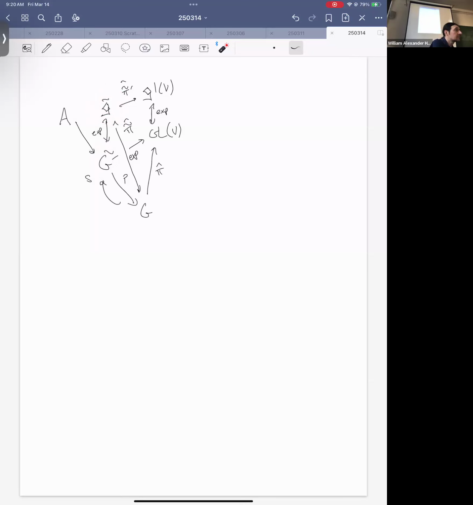So in practice, you could go to the Lie algebra and figure out this pi twiddle hat prime and so forth. But this is what you're actually doing.